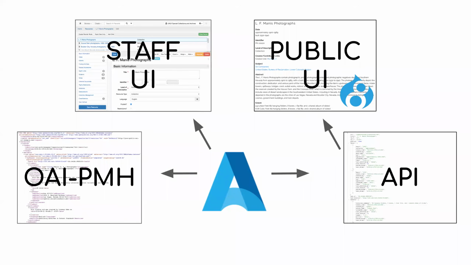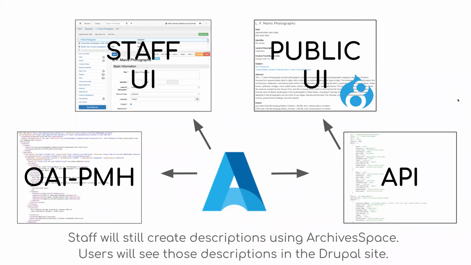So instead of using the one built into ArchivesSpace, we would build a new public user interface based off of the API. Keep in mind that staff are still using the staff user interface, but our researchers, the people coming to our site, are going to see those descriptions based off of a Drupal website.